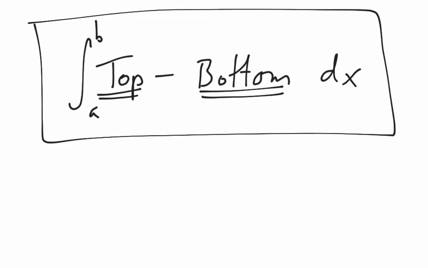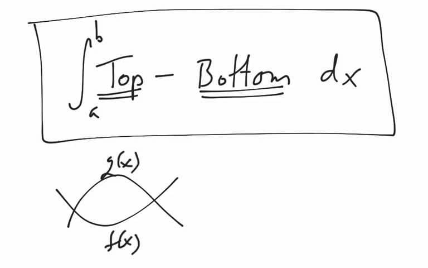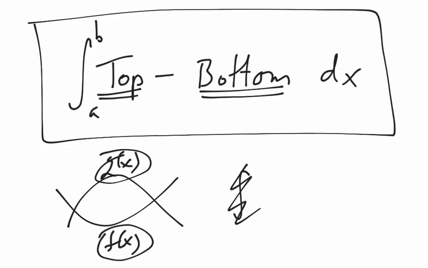What if we came up with a situation where g of x was on top and f of x was on the bottom? You'd have to remember to switch them, and if you're using the f minus g formula, it just gets complicated. So just think about it: g of x is on top here, f of x is on the bottom, so you're going to use g of x minus f of x and go from there.